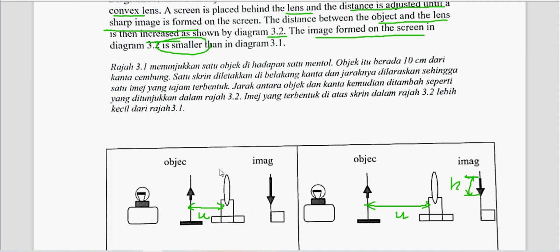H for image here. So you can see that when U is smaller, when the object distance is smaller, the height of the image is greater here. If the object distance is longer, the height of the image is smaller.